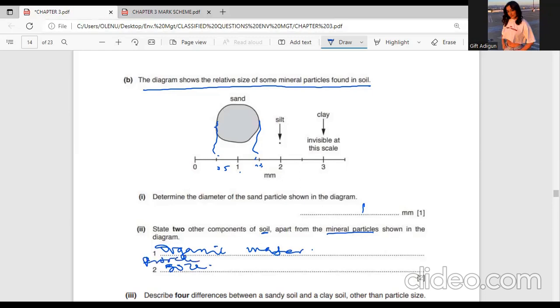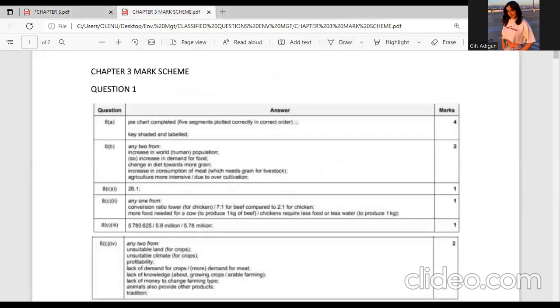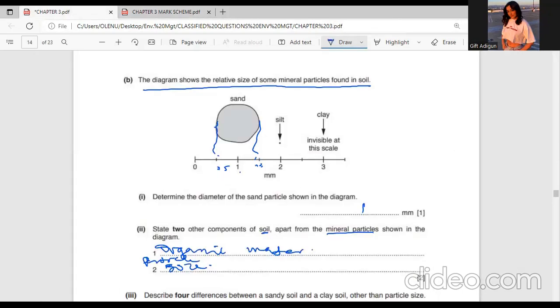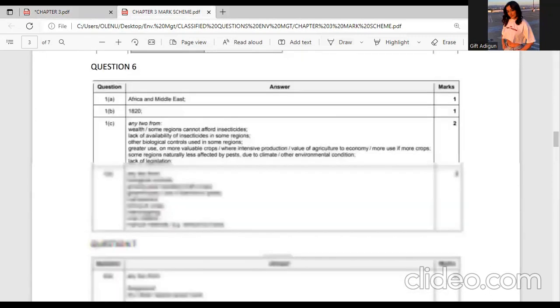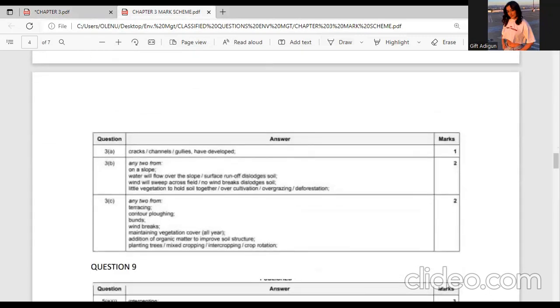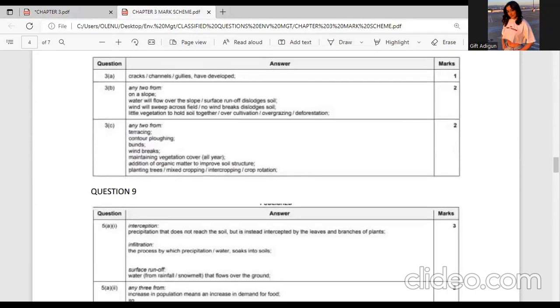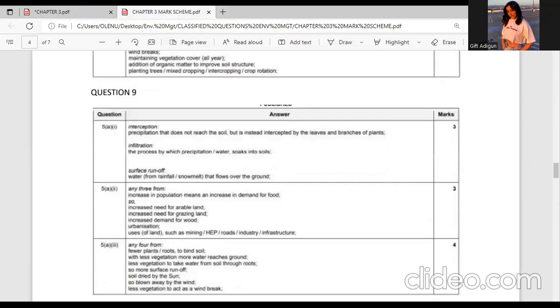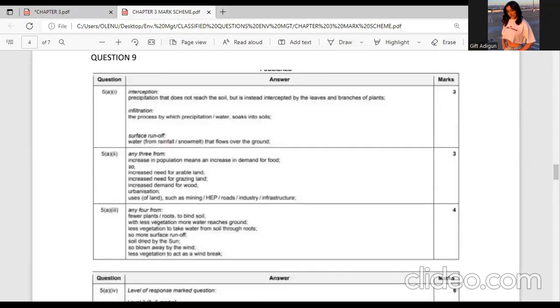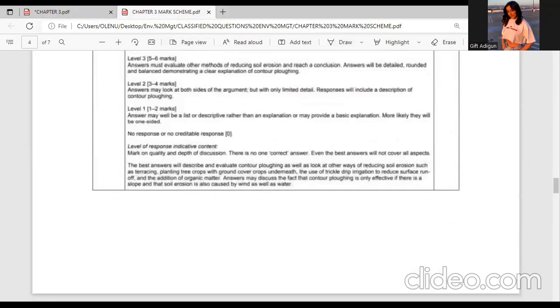Let me check the mark scheme for this question. It looks kind of confusing. I've done up to 6, 7. Terrace, contour line, interception, done that.